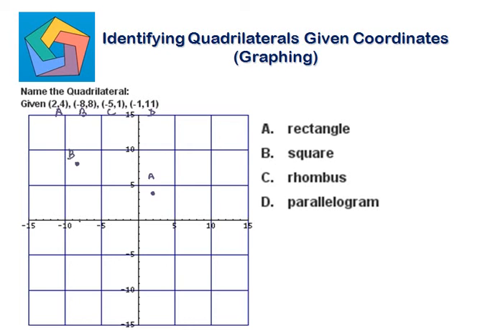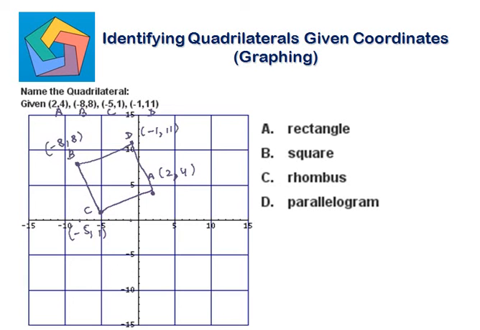B point. C is -5, 1 and D is -1, 11. So this is the quadrilateral formed. A is 2, 4. B is -8, 8. C is -5, 1 and D is -1, 11.